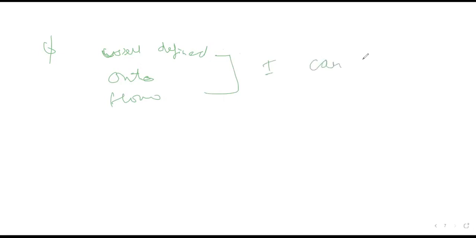Now I proved that phi is well defined, it is onto and it is a homomorphism. Because of these three reasons, I can apply the fundamental theorem of homomorphism, right?